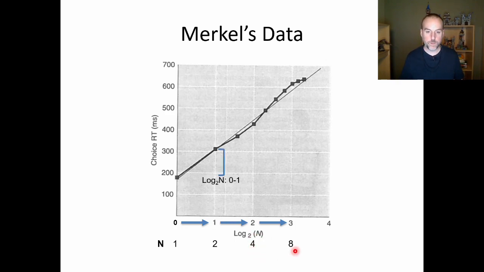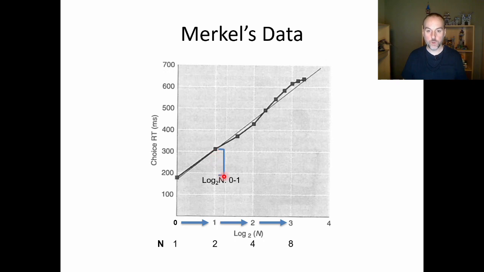And what the slope is saying is that every time we double the number of stimulus response alternatives, so here from 1 to 2, we should expect the same increase in reaction time. In this case, it was about 130 milliseconds. So we go from 1 choice to 2 choice, reaction time goes up by 130. Now to go up another 130, we can't just go from 2 to 3, we have to double the alternatives.